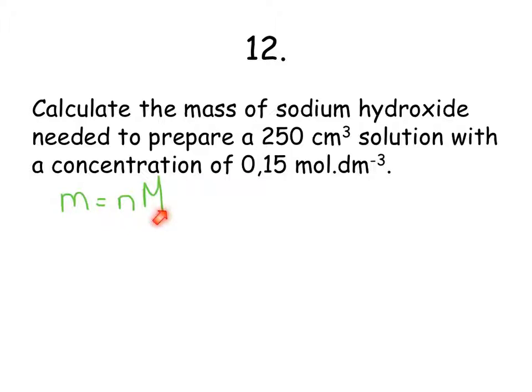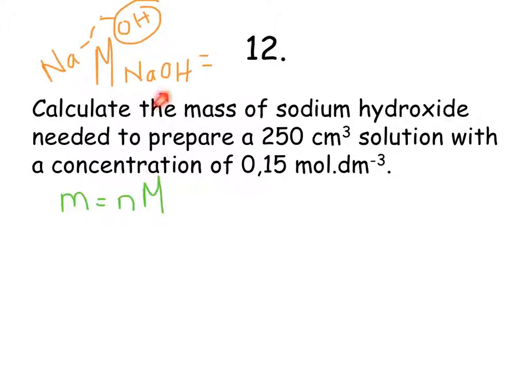I can work out the molar mass easily enough, so we might as well do that quickly now. Sodium has valency 1 because it's in group 1, hydroxide valency 1 because it has a -1 charge. So the formula for sodium hydroxide is NaOH, and the molar mass is 23 plus 16 plus 1, which turns out to be 40 grams per mole.